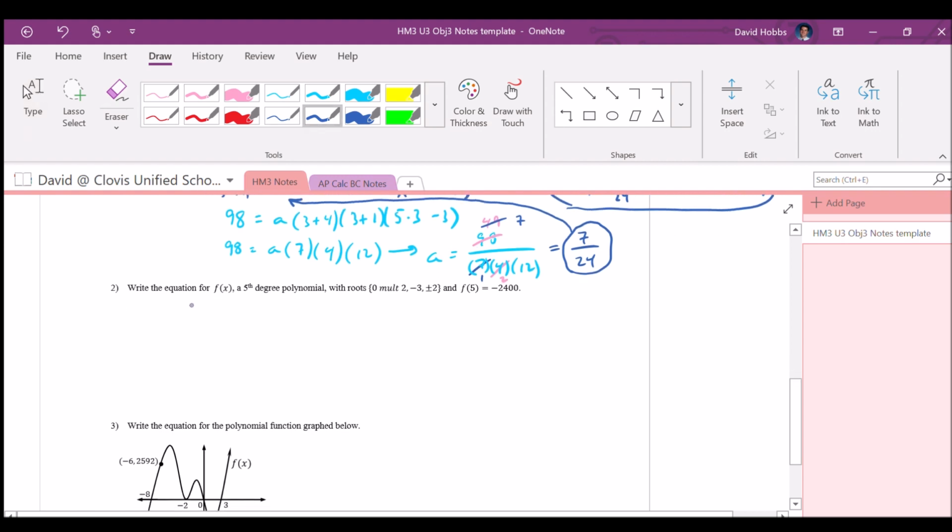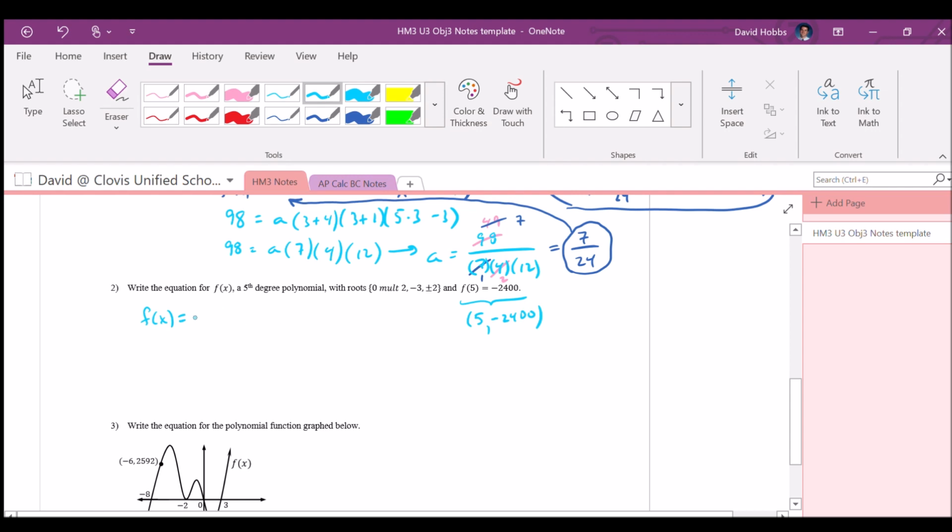Write the equation for f of x, a fifth degree polynomial with roots. Okay, so they gave us the roots. And f of 5. Okay, so again, this is another way of them giving us a point that's on the curve. So inputting a 5 gives us an output of negative 2400. And again, it's saying f of x, so let's go ahead and name it the way that they say.